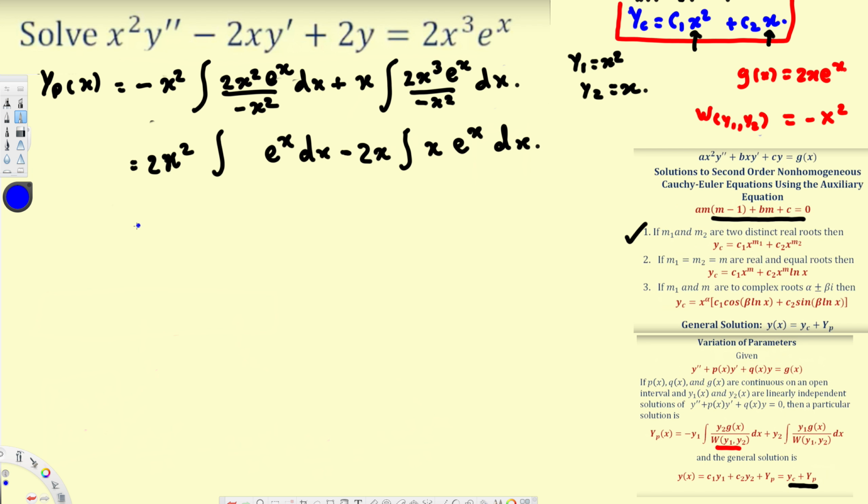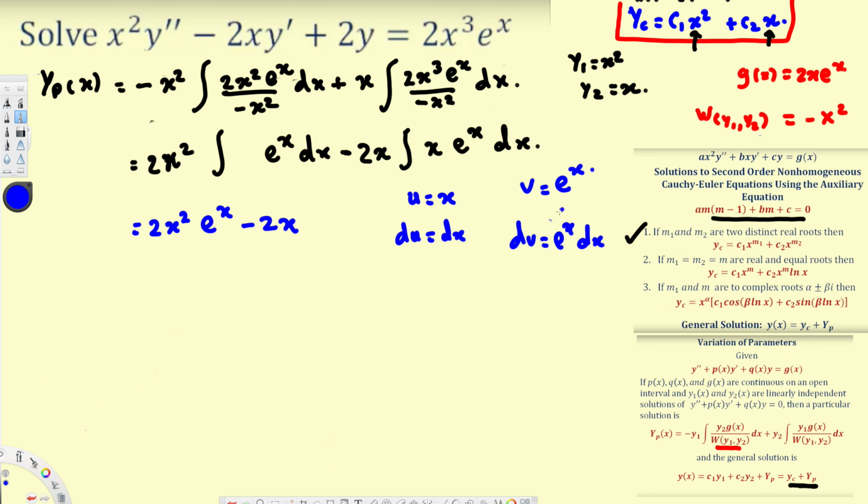Okay, and now this integration is easy because if you integrate e power x, that's going to be just e power x, so this is going to be 2x square e power x minus 2x. Now here we have to do the integration by parts, so if I take u as x and dv as e power x dx, du is going to be dx, dv is equal to e power x dx, therefore v is going to be equal to e power x.